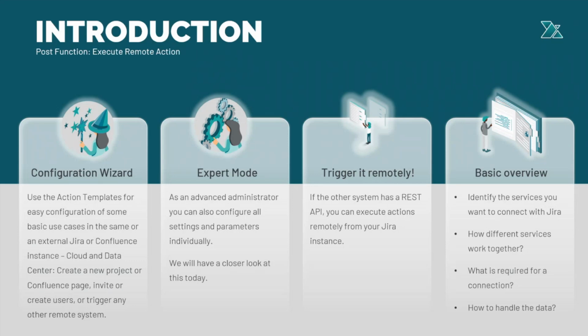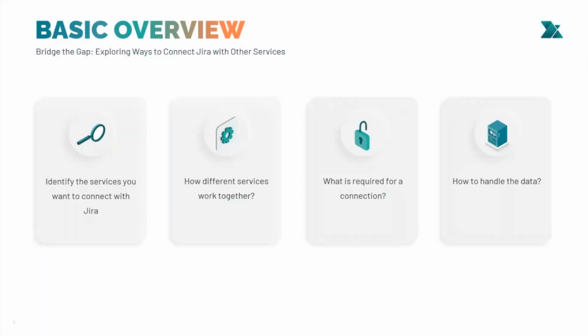And to trigger these things remotely, you just need to make sure that the other system has a REST API, so you can execute actions remotely from your Jira instance. And let's have a basic overview and examine the following questions.